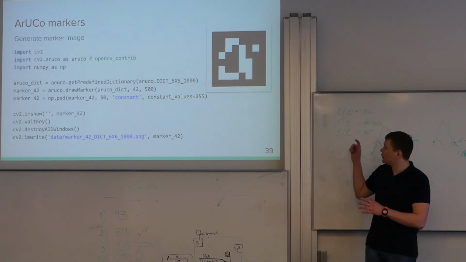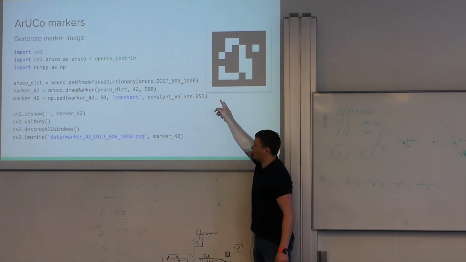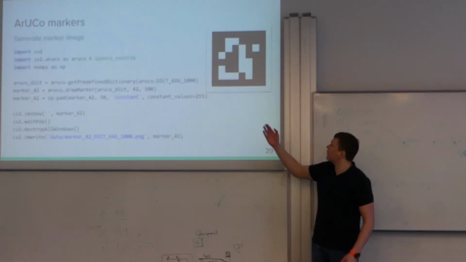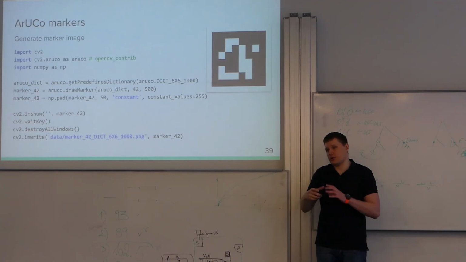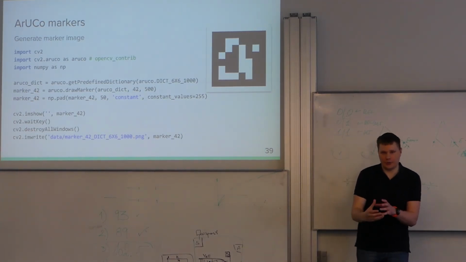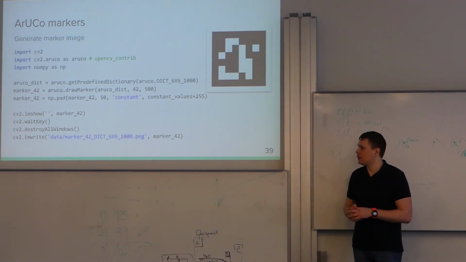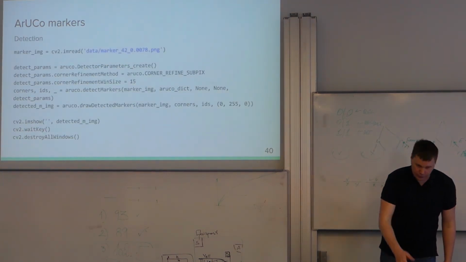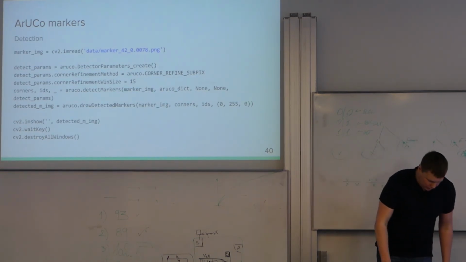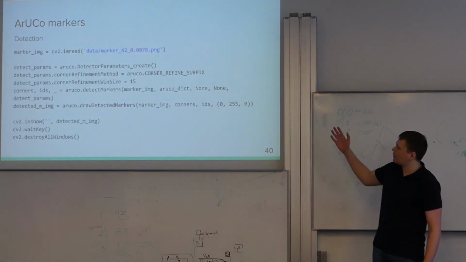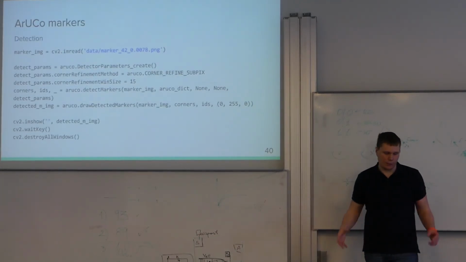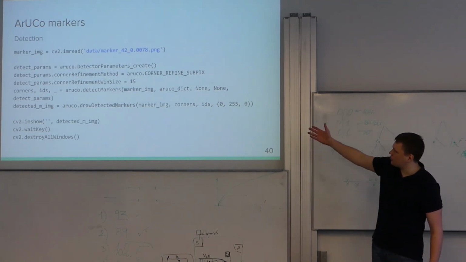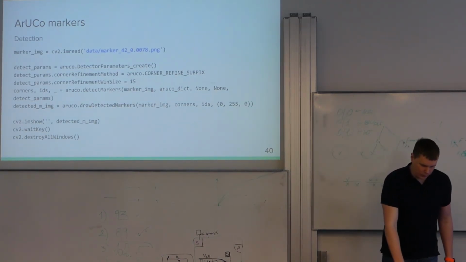So we know the exact length, the actual 3D length of the side of the marker, and because it has this special structure, we can easily find these markers around us by camera. So here I load some photo with an Aruco marker and create detection parameters for this.